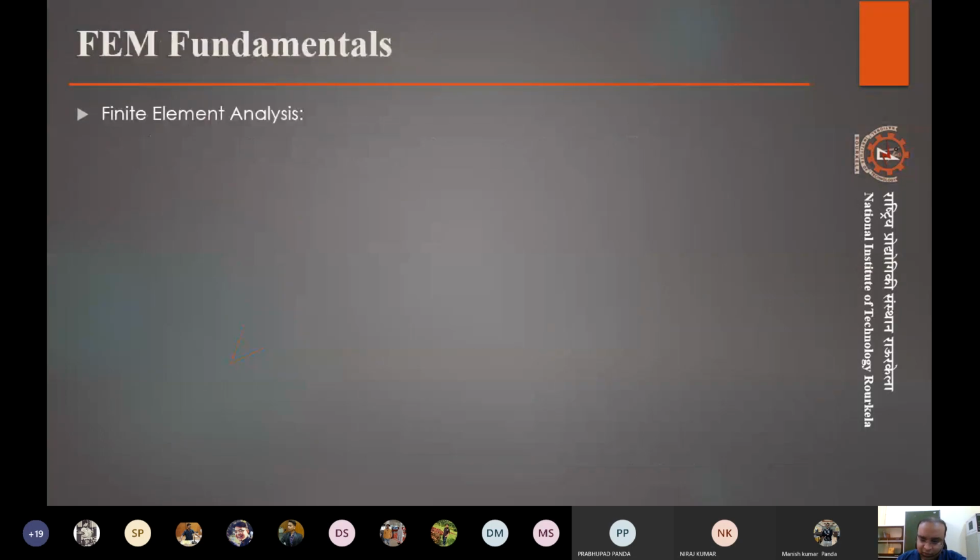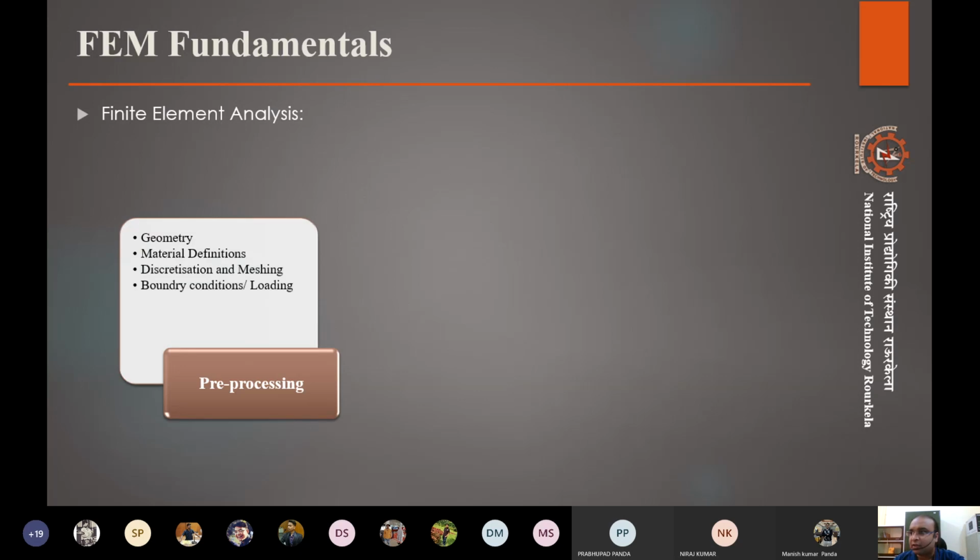Overall, what we understand is that finite element analysis is based on basically three stages. The first stage is the pre-processing stage, which requires us to define the geometry, what kind of geometry it is. Like we used to define a slope geometry in a two-dimensional figure, we can define a three-dimensional figure.